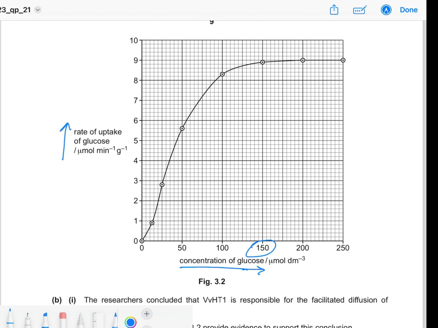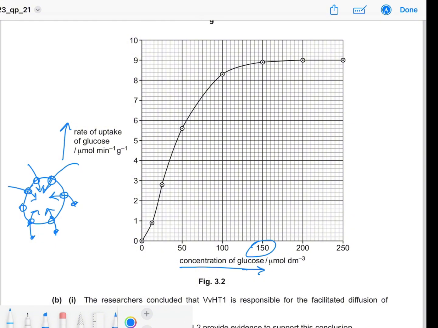What this is indicating is that the cells have a limited number of transporters. Let's say in the 0.1 mole per dm cube solution of glucose, you have few molecules to start with that will be transported through the transporters into the cell. As you increase the concentration, you will have a greater number of glucose molecules that will be able to enter through the transporter at the same time, which increases the rate of uptake.